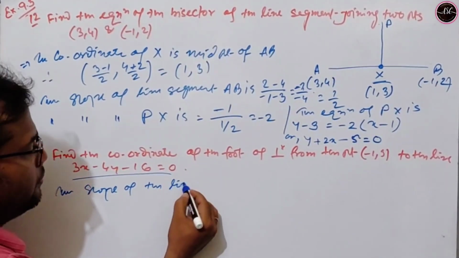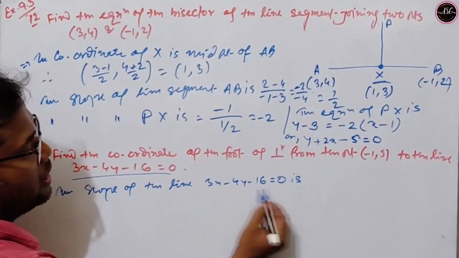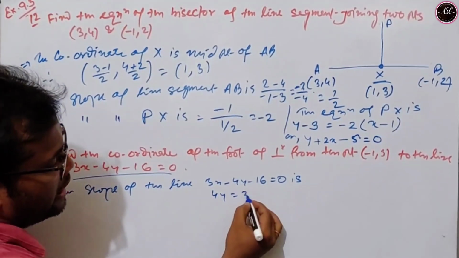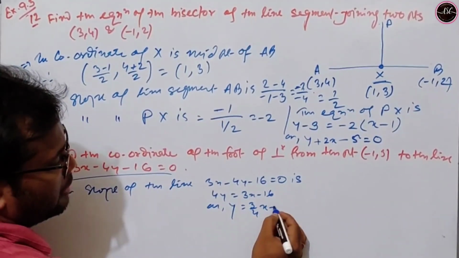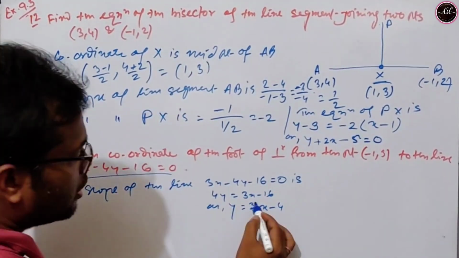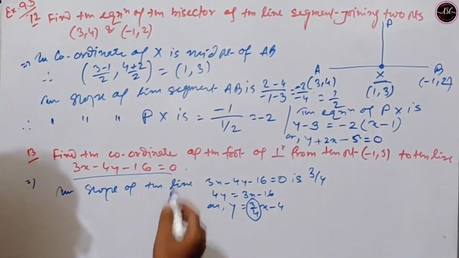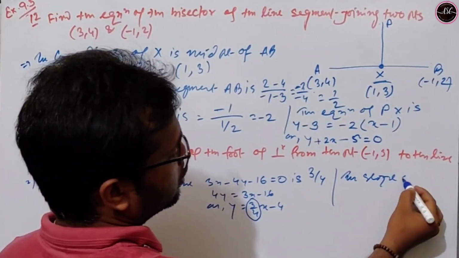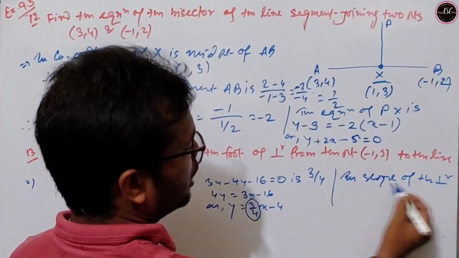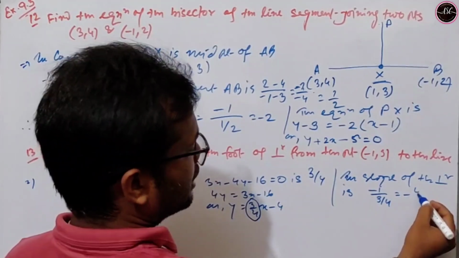The line 3x minus 4y minus 16 equals 0 can be written as 4y equals 3x minus 16, or y equals 3 by 4 x minus 4. Okay, so the slope is 3 by 4. So the slope of the perpendicular is minus 1 by 3 by 4, that means minus 4 by 3.